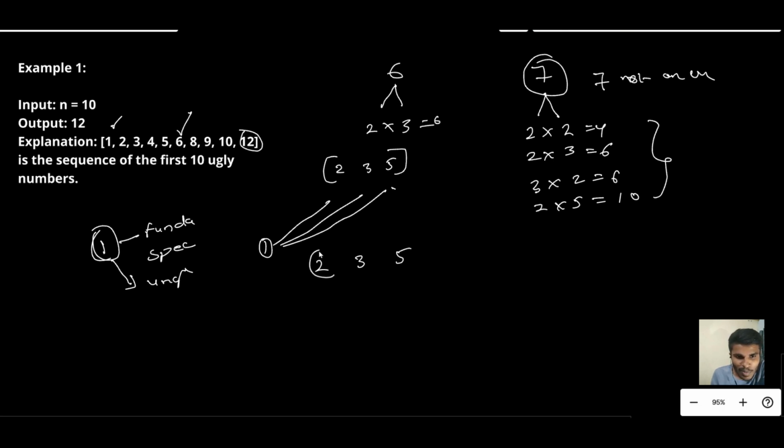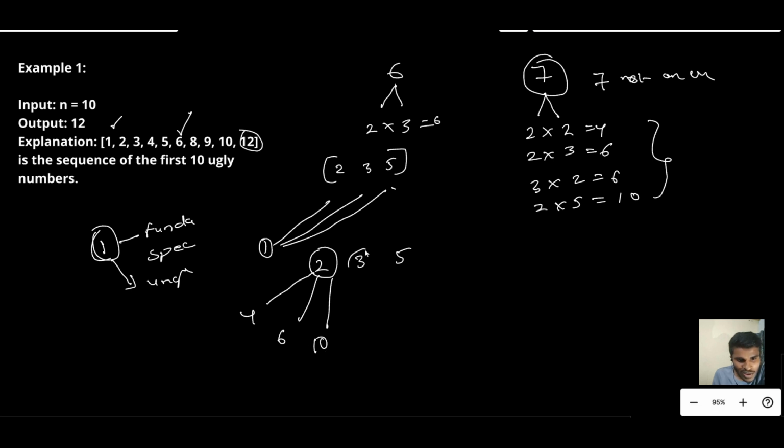I'm picking 2, and I'm multiplying this 2 with 2, 3, and 5. I'm getting next ugly numbers: 2 twos are 4, 2 threes are 6, and 2 fives are 10. Now I will pick the smallest of these numbers: 3, 4, 5, 6, and 10.